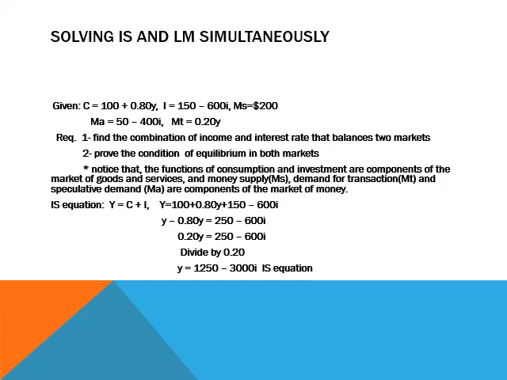Now, let's first solve the IS equation. The condition of the equation is y equals C plus I. C equals 100 plus 0.80y, I equals 150 minus 600i.